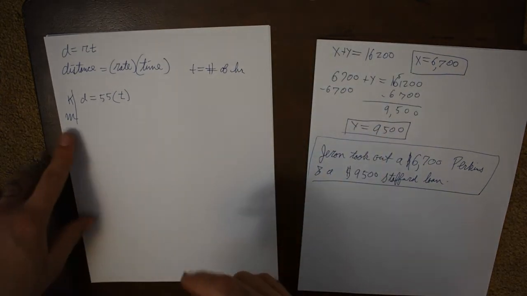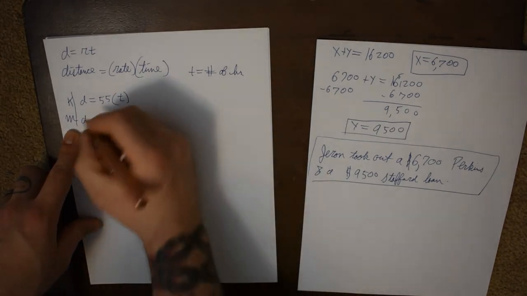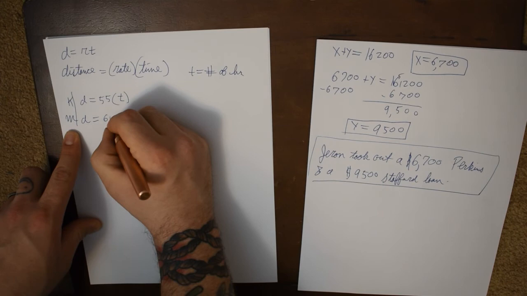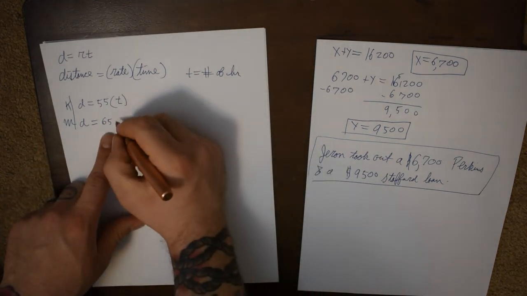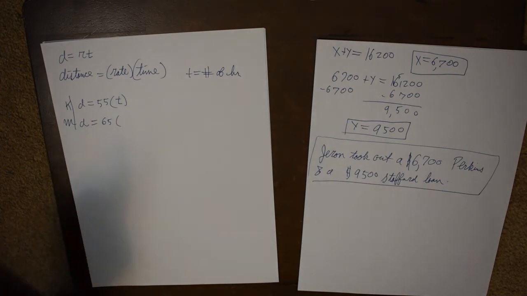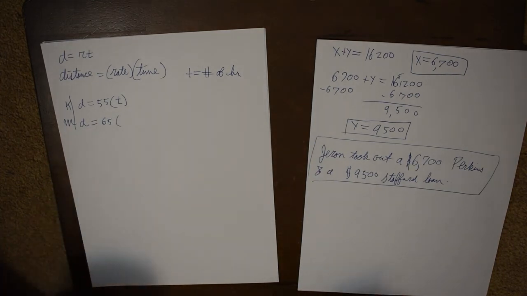Now her assistant, Matt, goes some distance, but his rate is going to be different. Matt is driving 65 miles an hour, but in the problem it said Matt didn't notice the portfolio was still at the office until an hour after Carrie left.